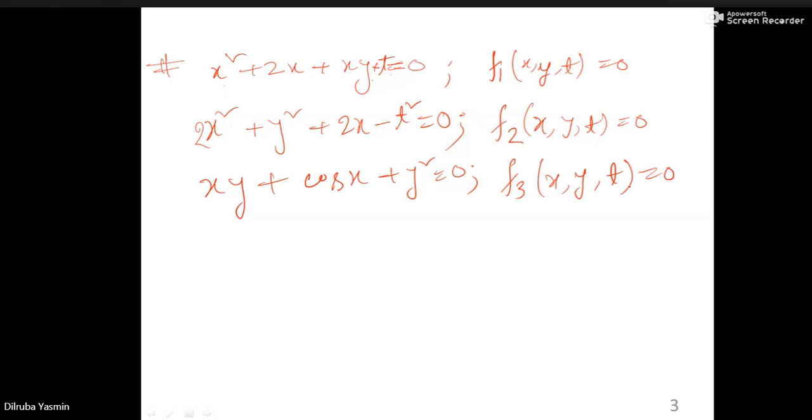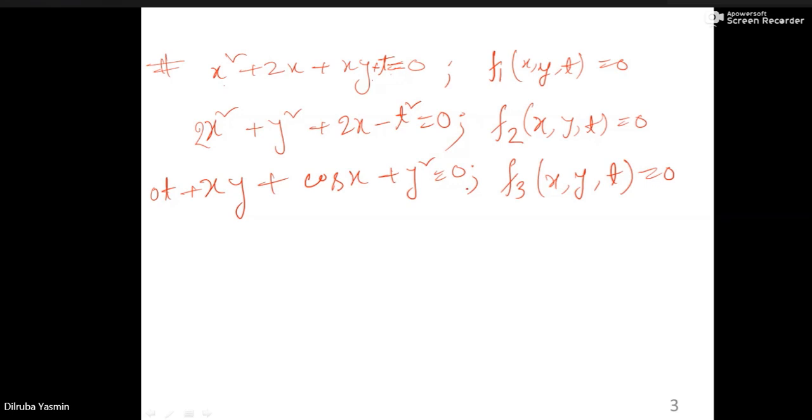So how do we consider t as a variable in the third nonlinear equation? Suppose you just do this operation here: 0 times t plus xy plus cos x plus y square equal to 0, isn't it?